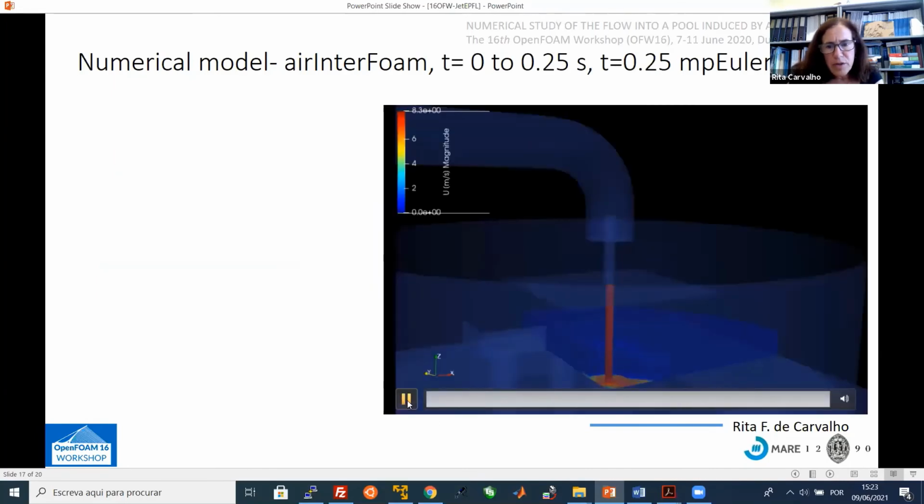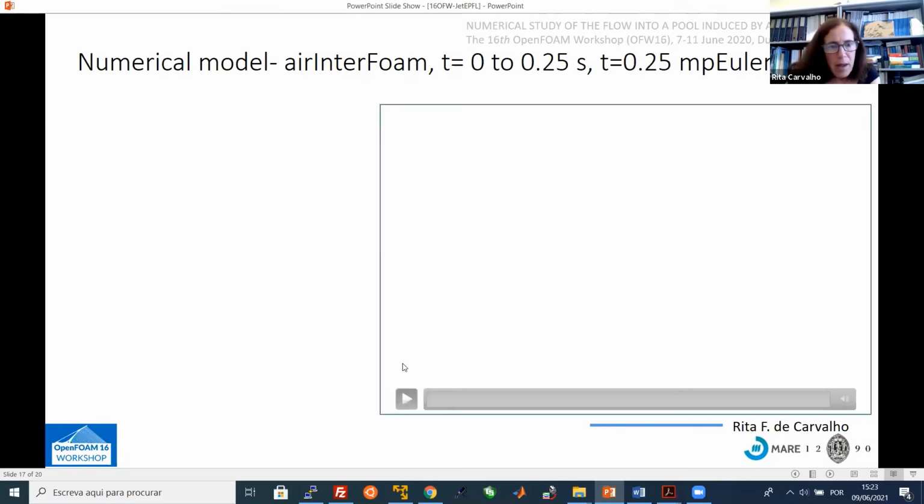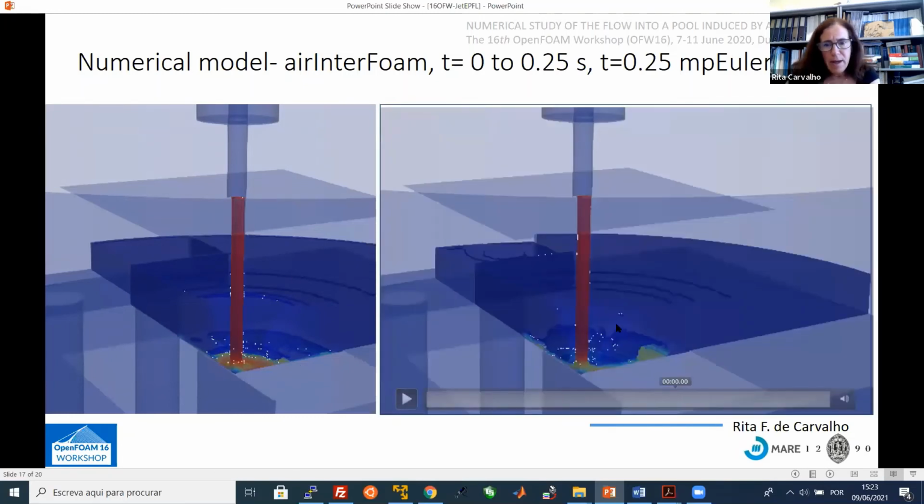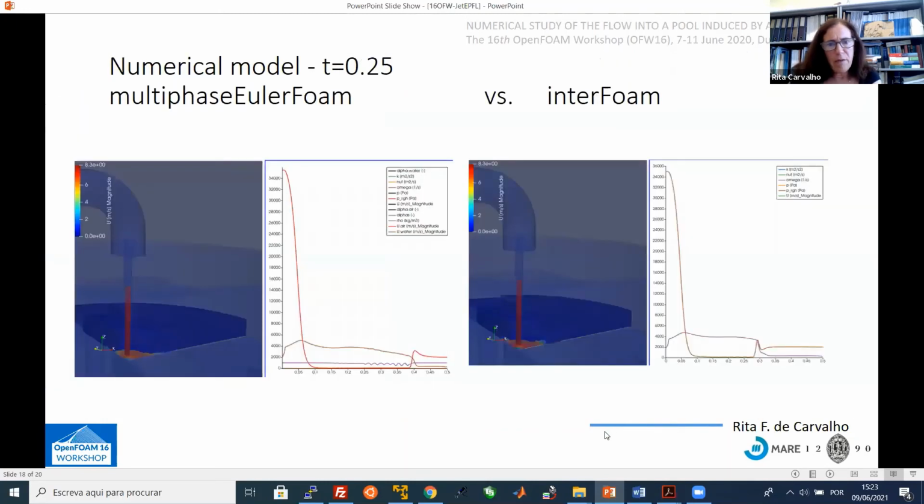So this is the multiphase interFoam. It takes much more time. Here we have also, like interFoam, those parts, but we have a different condition from interFoam.